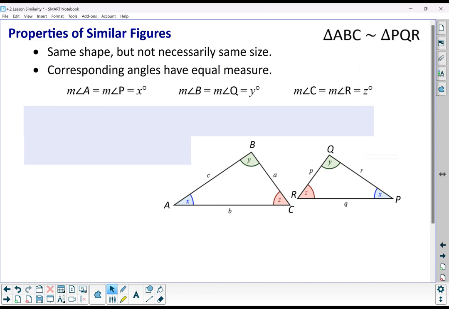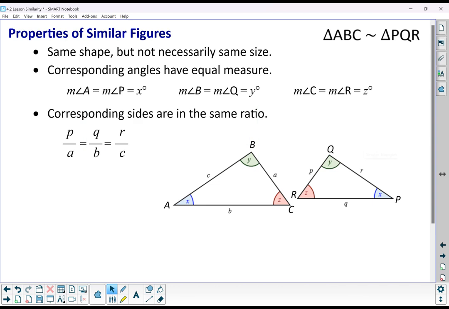The next property is that corresponding angles have equal measure, exactly the same angles. In my diagram here, you can see that angle A, which is marked with that blue X, is the same angle as angle P in my other triangle. Angle B and angle Q both have a degree measure of Y, and angle C and angle R both have a degree measure of Z. So corresponding angles have equal measure.